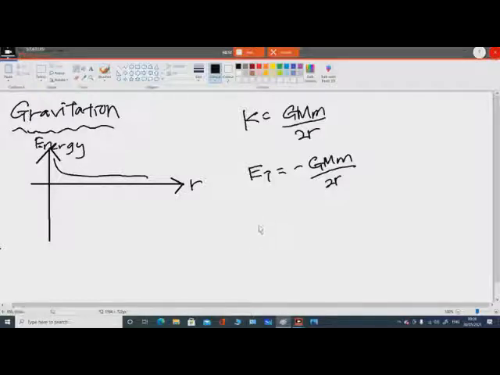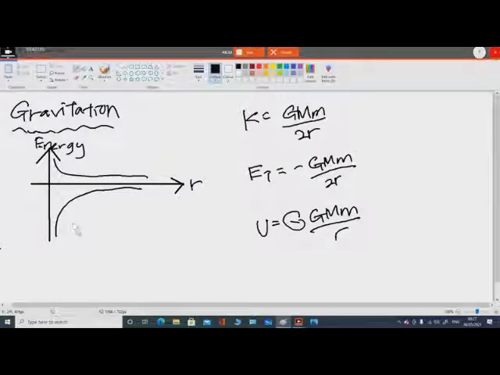For our gravitational potential energy, negative GMm over r, this is also a reciprocal graph, on the negative side, because we have a negative in this formula.